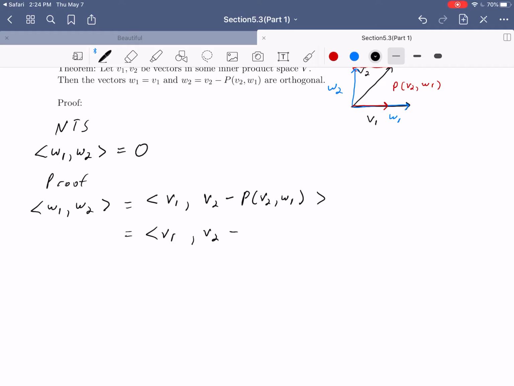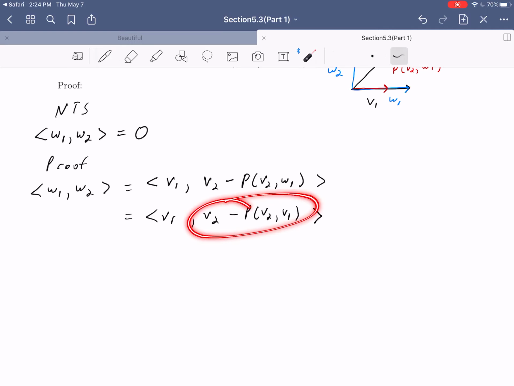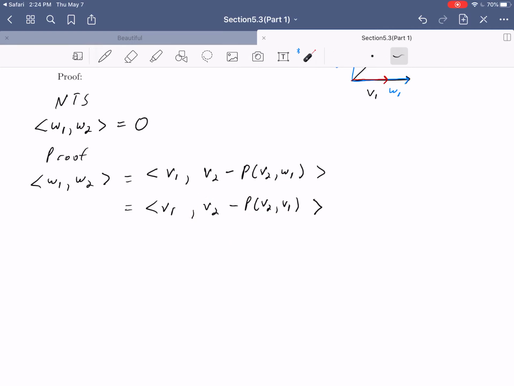So V1, V2 minus P of V2 onto V1. Now, we know what this projection looks like. So we can say that this is the same as V1, V2 minus the inner product of V2 with V1 divided by the inner product of V1 with V1 times vector V1.